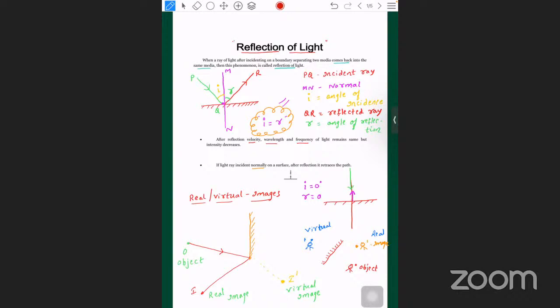There will be two types: concave mirror and convex mirror. We will take that up in the next session. Please try to solve a few more questions related to plane mirror. If you have any doubts, ask in the next session and we'll clarify them.